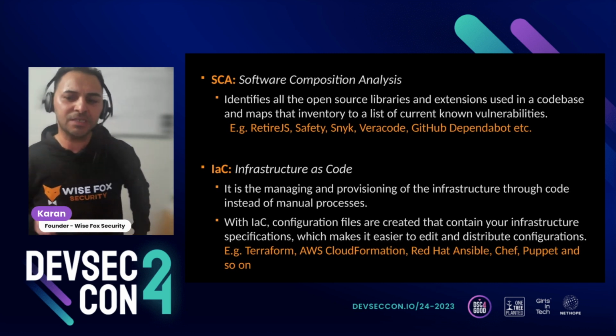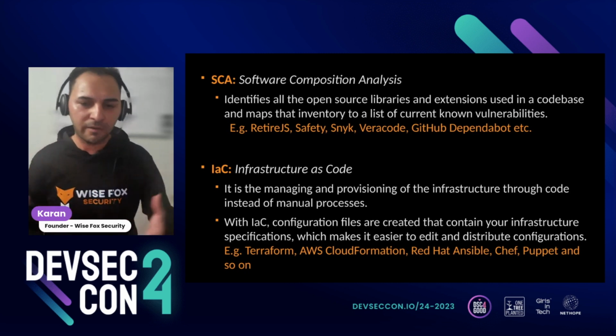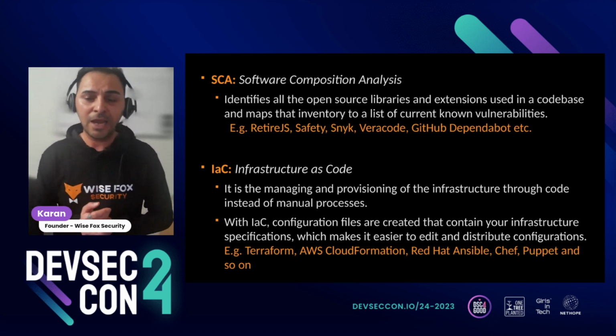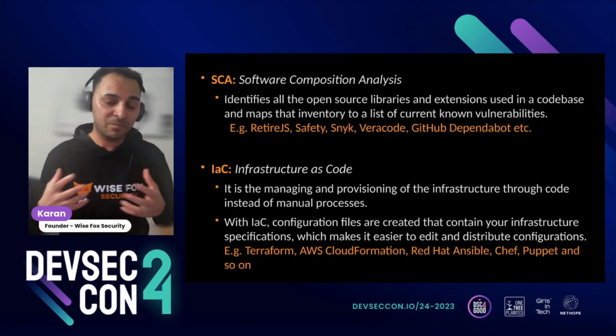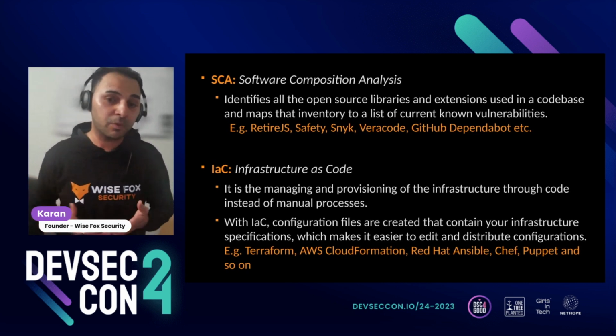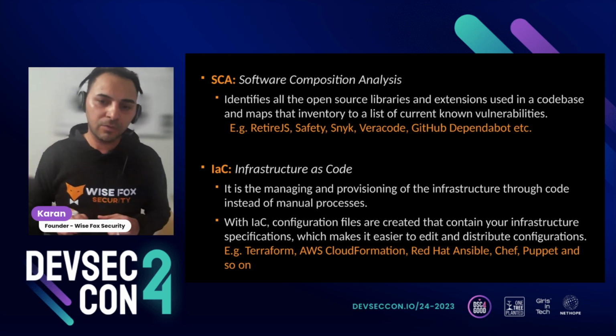Last but not least, we've got the typical DevOps folks these days who are in the DevOps space. They know what infrastructure as code is. This is the way of managing your infrastructure and its deployment with the help of code. So you don't have to do everything by clicking through the console.